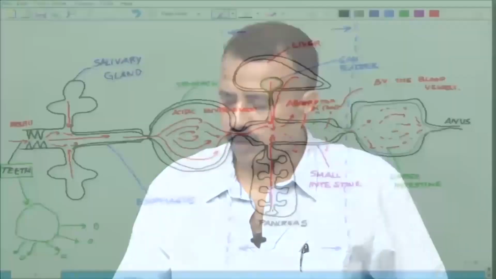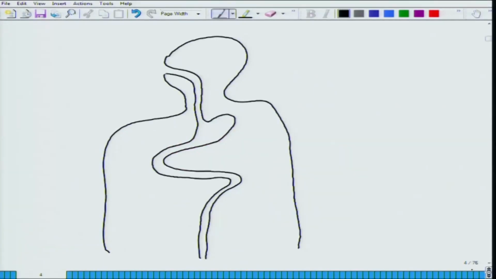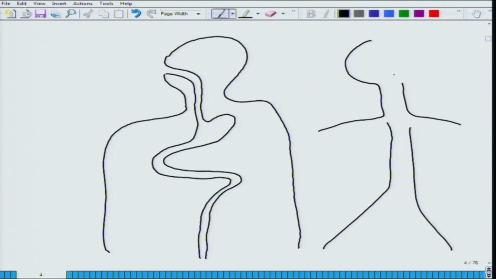If I had to give you another analogy, it is something like this. If this is a cartoon of a human being, basically what is happening is that here is a channel which is moving like this. If this is the mouth and this is the anus, along this conduit tube you take in any amount of food.